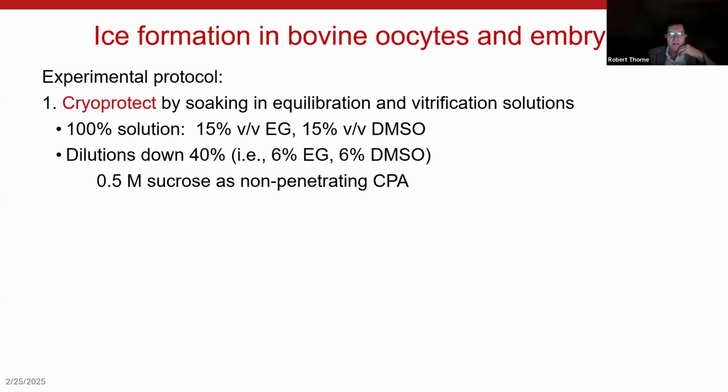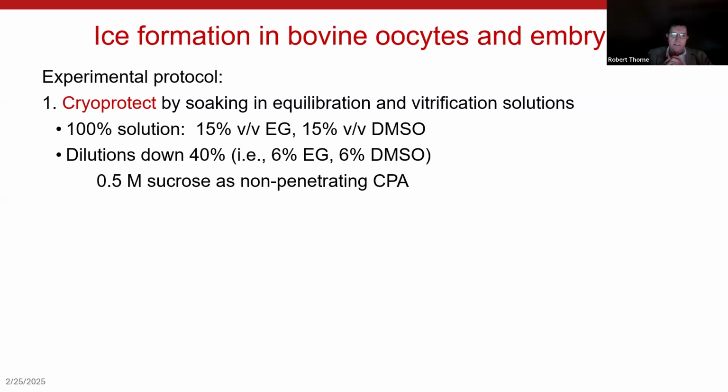So we cryoprotect these by soaking in equilibration and vitrification solutions. What I'll call 100% strength solution is the standard full strength vitrification solution, which has 15% ethylene glycol, 15% DMSO. And then we dilute that down to 40% of full strength.